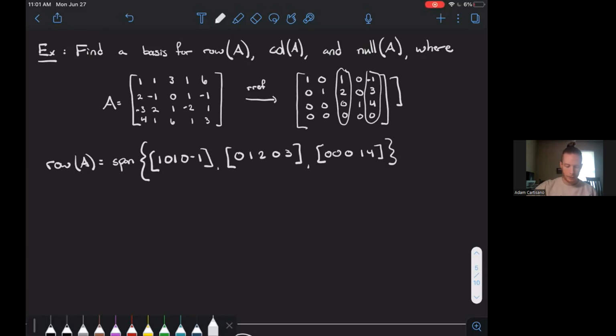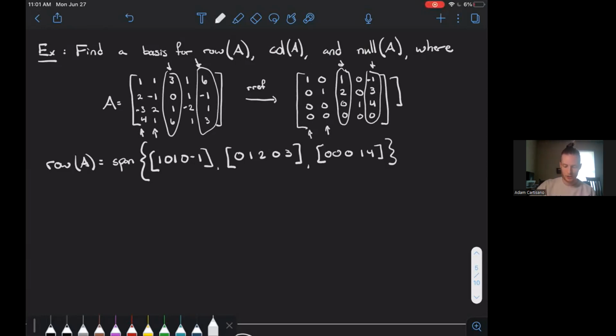Instead, what we know is that this column and this column are redundant, and so we would have been able to make them out of the other two. I believe the same linear combinations that give rise to these columns should give rise to these columns. We can check that. 2 times this column plus 1 times that column gives 3, 0, 1, 6, right?